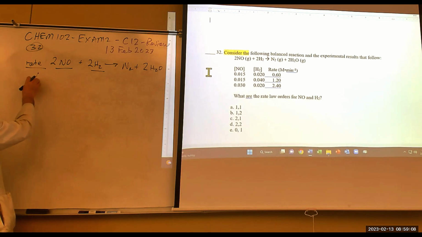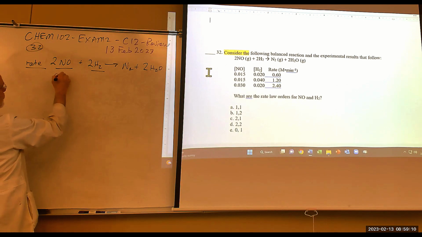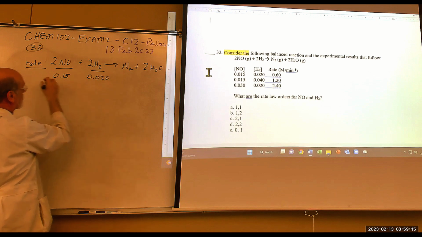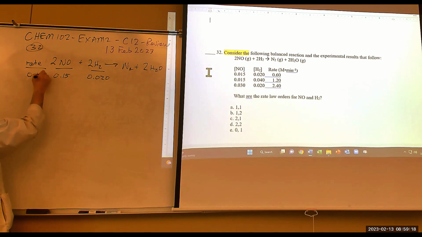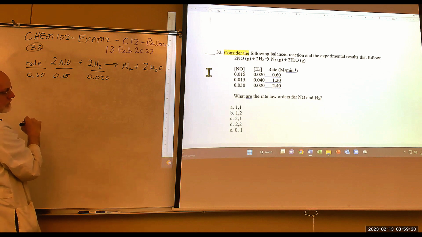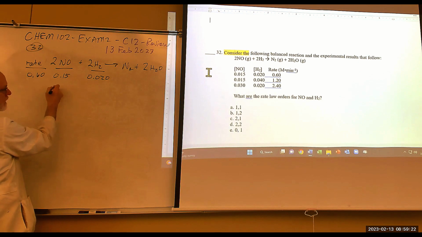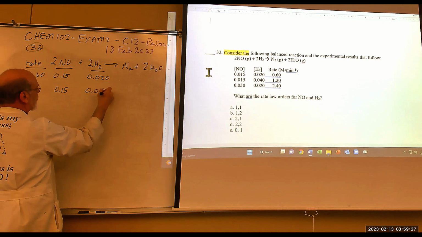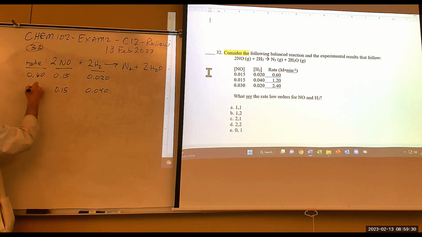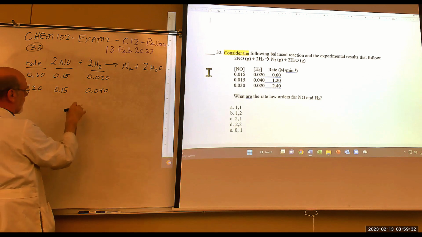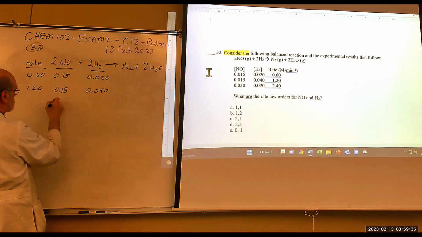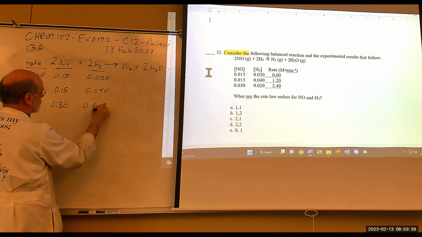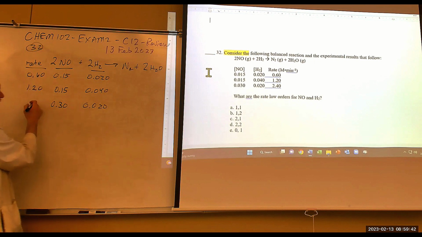So if we have 0.15 molar, 0.02 molar, we get a reaction rate of 0.60 molar per minute. Then we have 0.15 here, but we let this one change to 0.40, then we get a reaction rate of 1.20. And if we let this one change, this one goes back to the original here, then we get this rate.